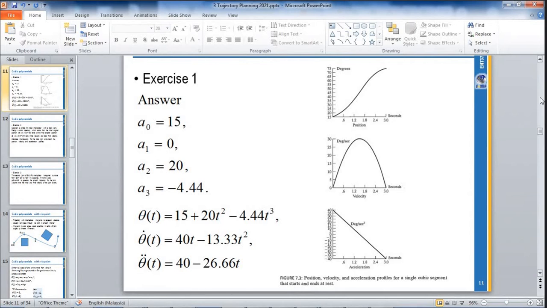So this is for a single link of robot. If you have multiple links, so you have 2 joints or 3 joints, your graph will be different. So you have another extension for the graph.